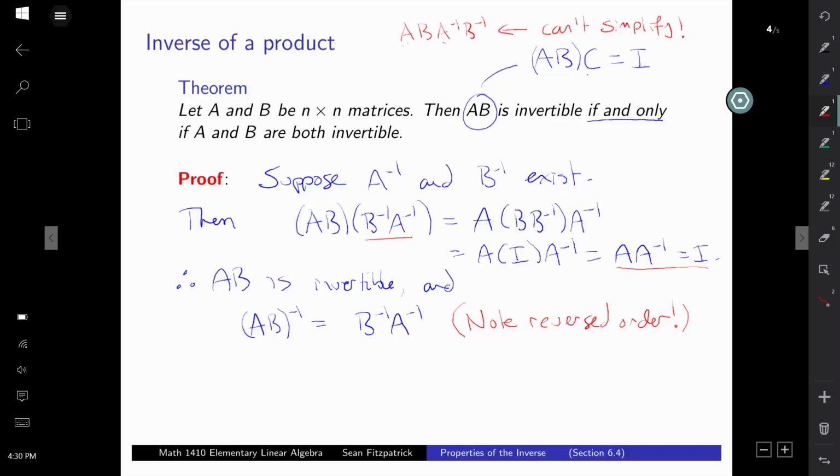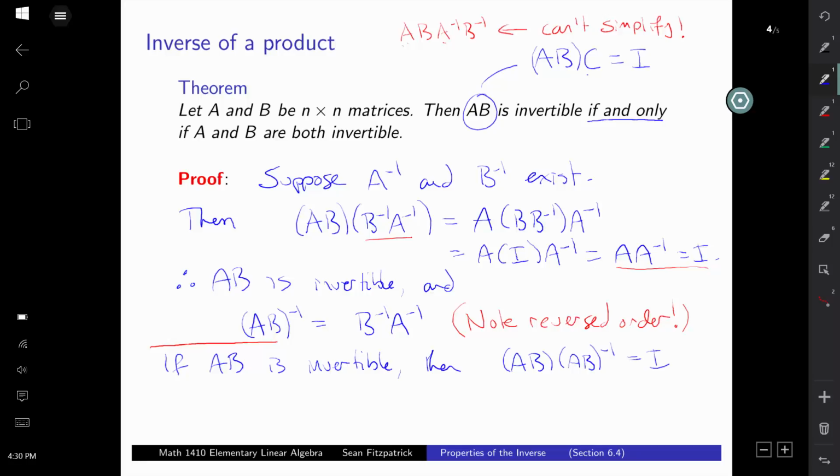Now, this wasn't if and only if. How do I do the other direction? Well, the other direction is just a little bit of hocus pocus, I guess, with associativity. If AB is invertible, then we know that AB times AB inverse is equal to the identity, right?